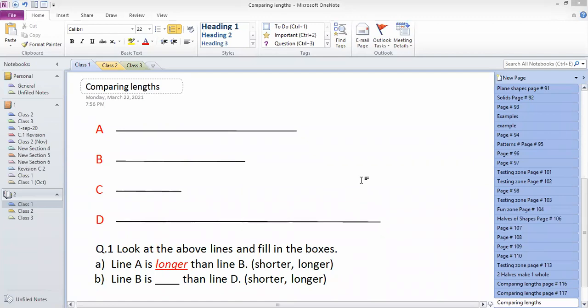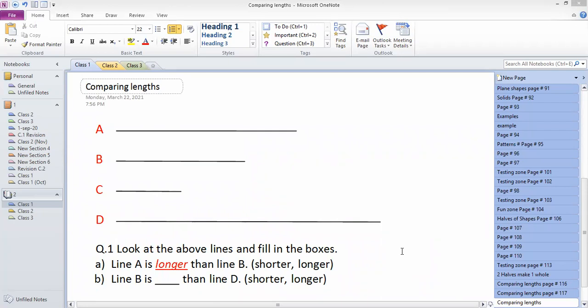Let me check with one more student. Time Allah. Line B is dash than line D. Shorter or longer? Shorter, okay.